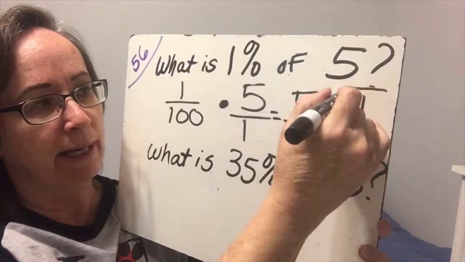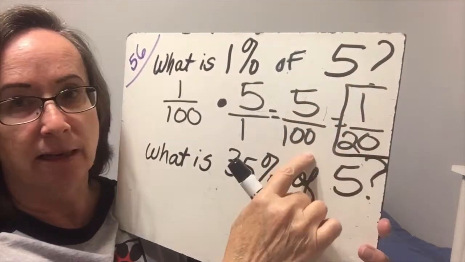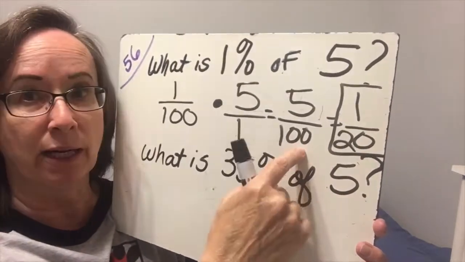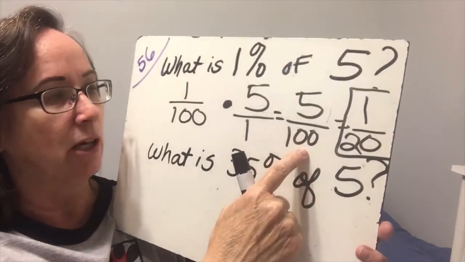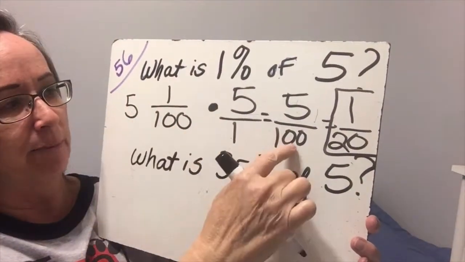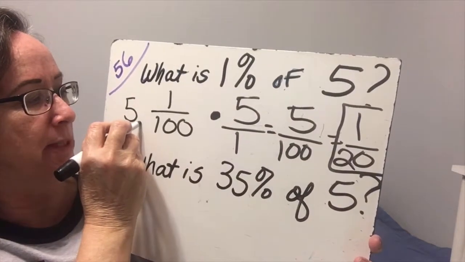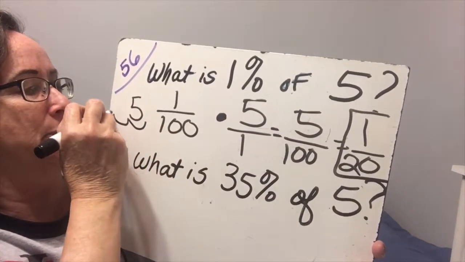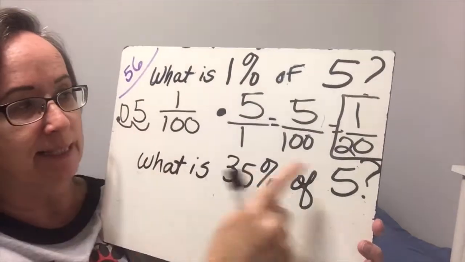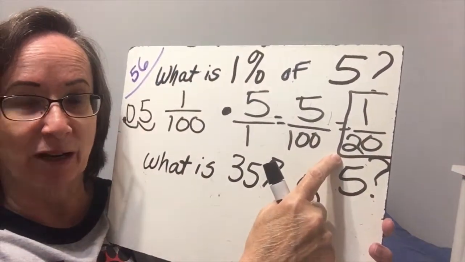So 1/20th is 1% of 5. But what if I didn't want fractions? What if I wanted a decimal equivalent? Couldn't I just take 5, and since I'm dividing by 100, I move the decimal 2 places to the left, and 0.05 is the same thing as 1 over 20.